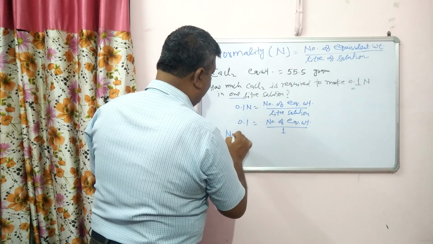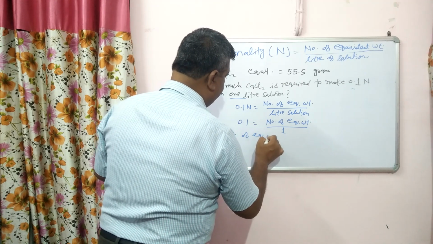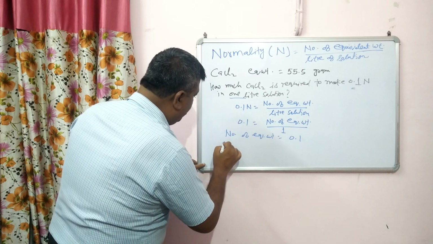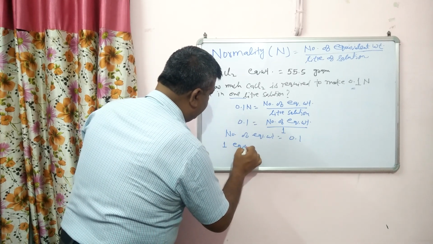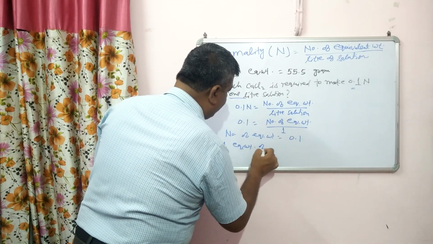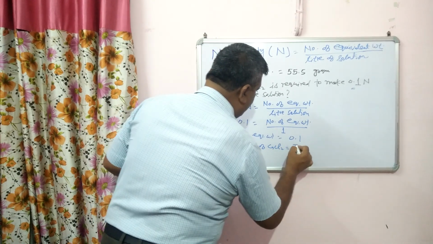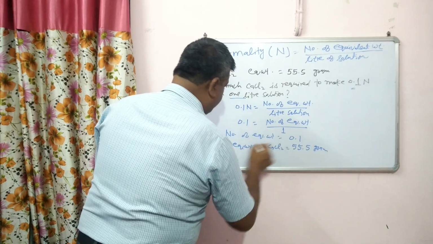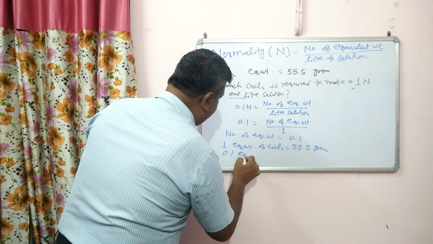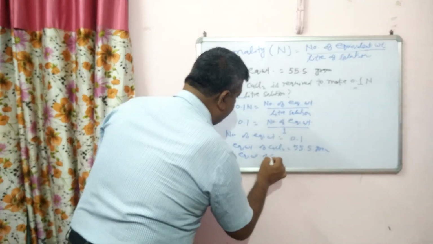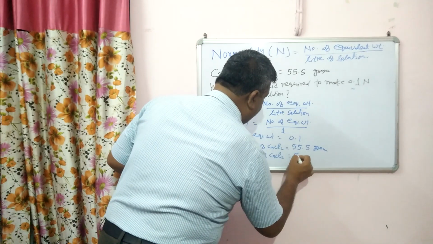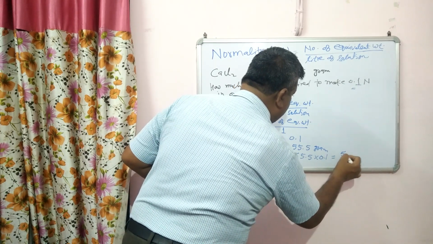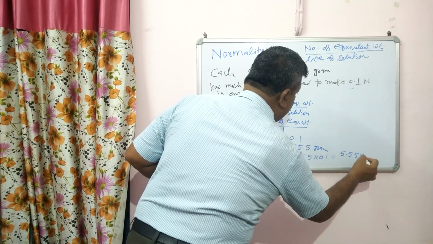So the number of equivalent weight required is 0.1, and we know that one equivalent weight of calcium chloride is equal to 55.5 gram. So 0.1 equivalent weight of calcium chloride is equal to 55.5 multiplied by 0.1, that is 5.55 gram.